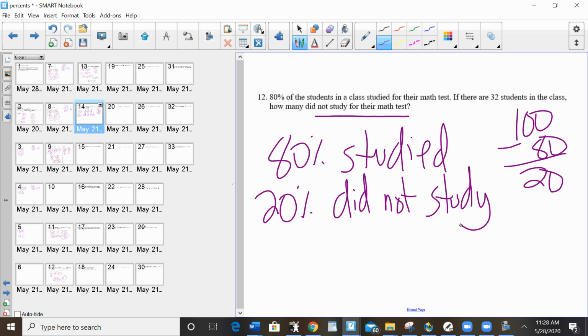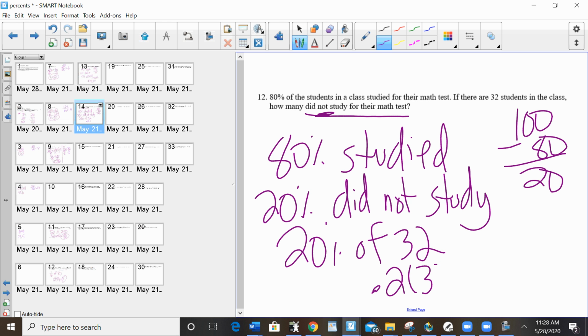So you have to be real careful when you're reading. So 20% of 32 students didn't study. So 0.2 times 32 is 6.4. So I would say approximately 6. So again, if it wants a probability of something not happening, you have to subtract that probability from 100.